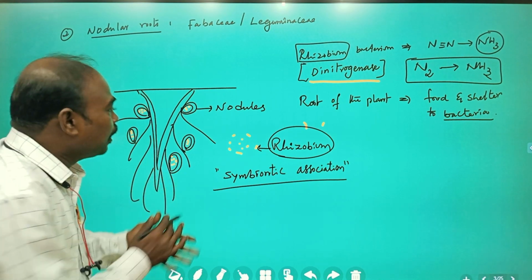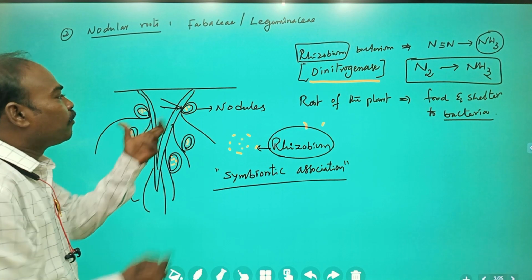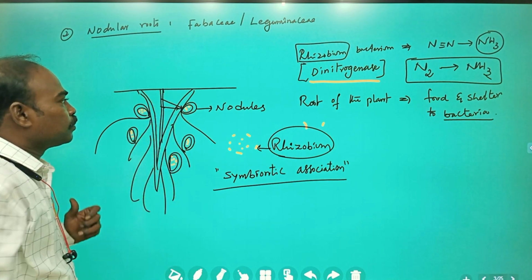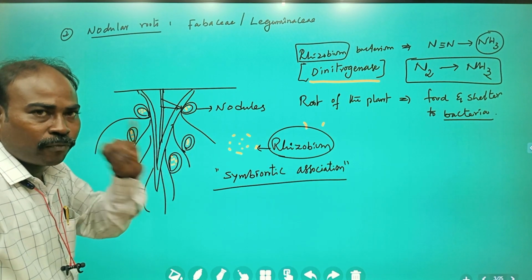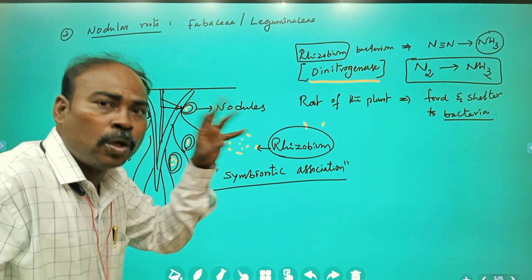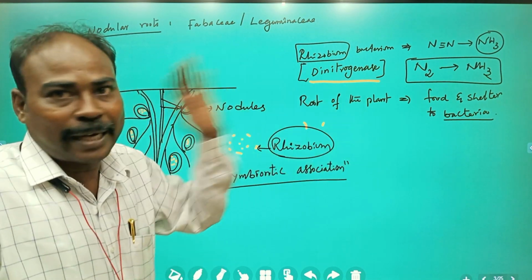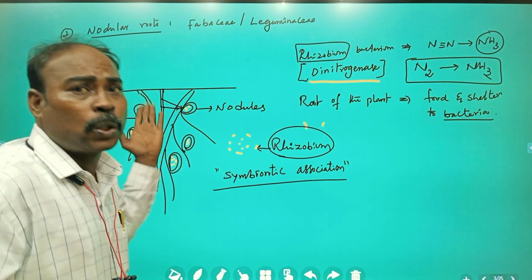In return, the bacteria receive food and take shelter within the root. So the plant gives shelter and food to the bacteria, and the bacteria supply fixed nitrogen to the plant.